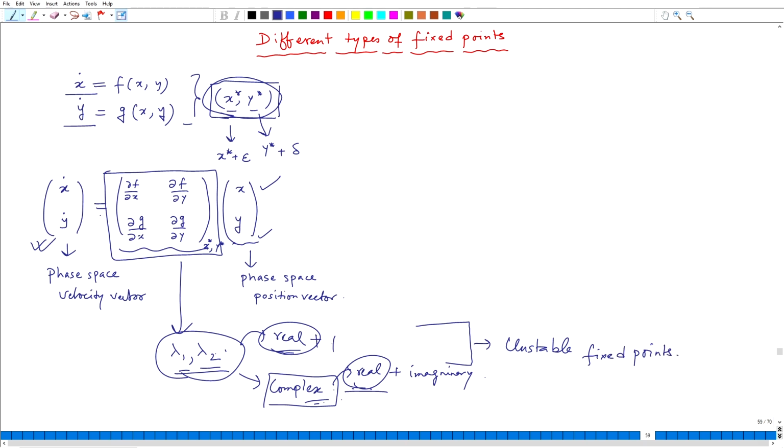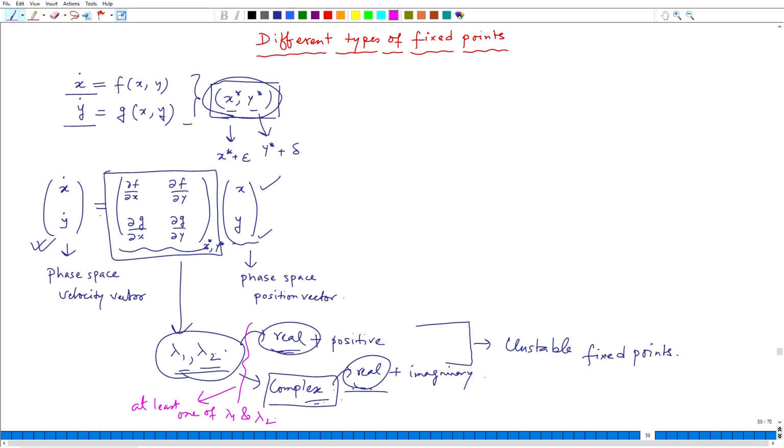I am highlighting, at least one of lambda 1 and lambda 2.